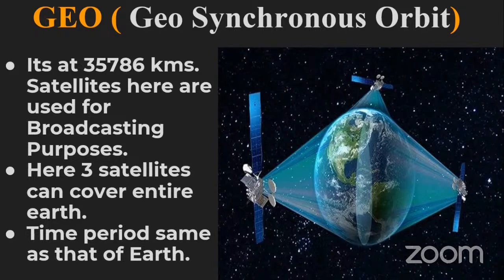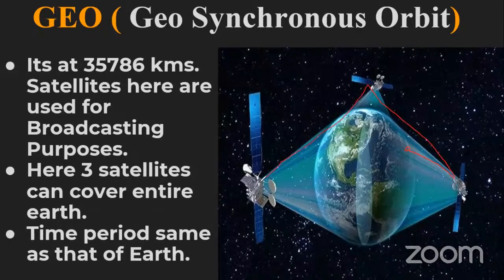So now what is happening in broadcasting is this. I'm in this part of the world, from where I'm using my internet. The signals are going to this satellite, and then the signals are passed on to this satellite.